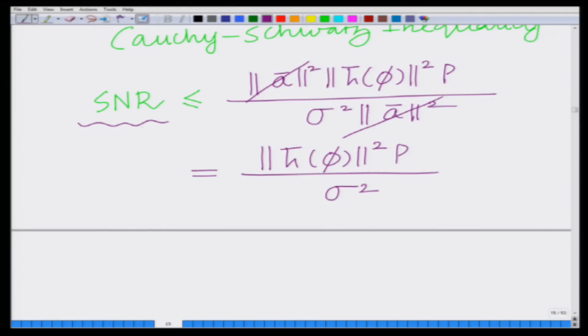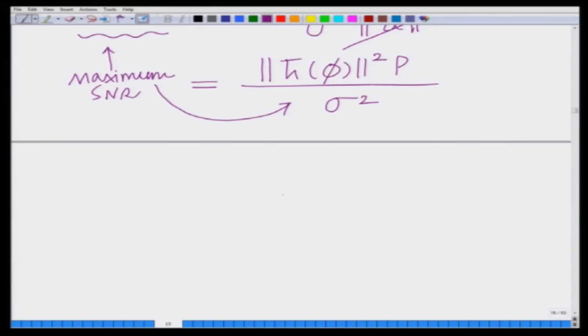Remember, this is the maximum SNR. Maximum SNR is norm of h bar phi squared P divided by sigma squared. This is what we derive from the Cauchy-Schwarz inequality. And now, let us see what this maximum SNR is.